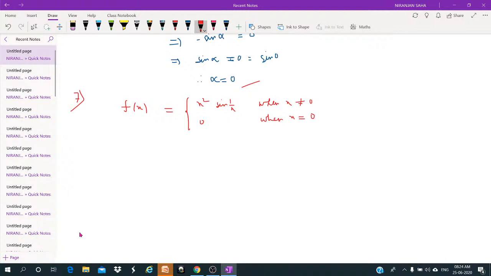So we have to check the differentiability at the point 0.